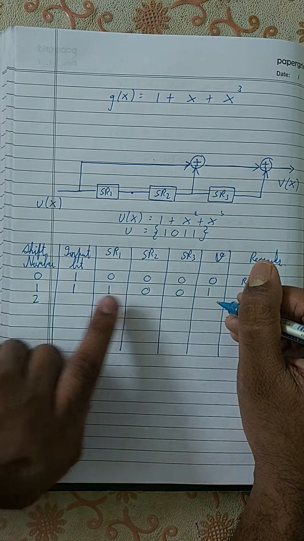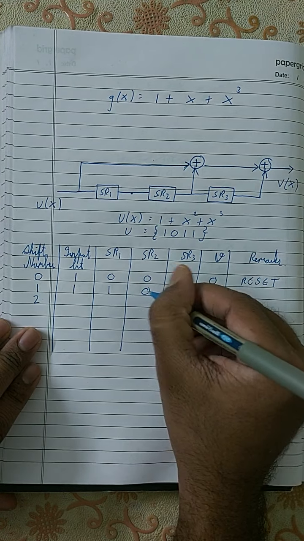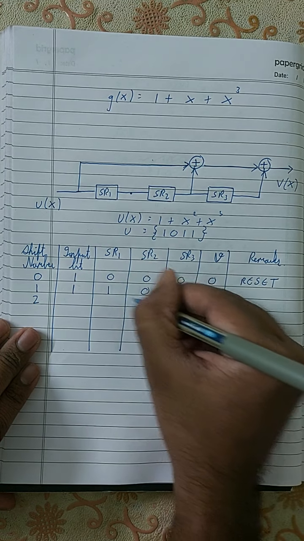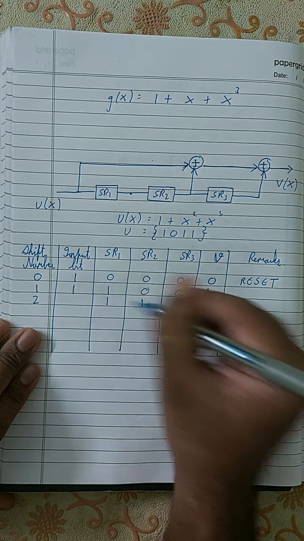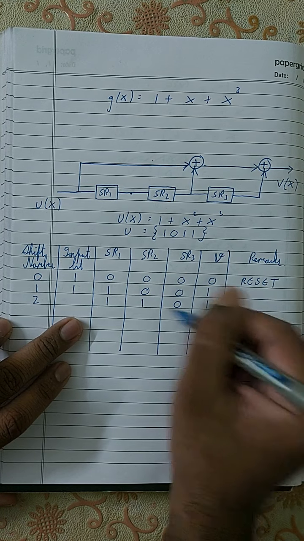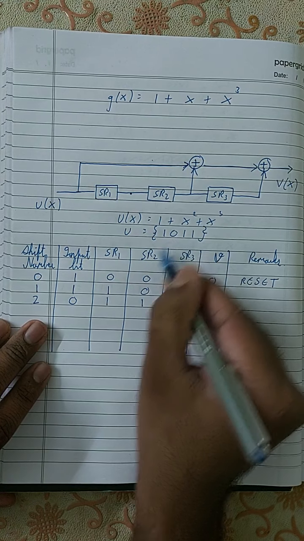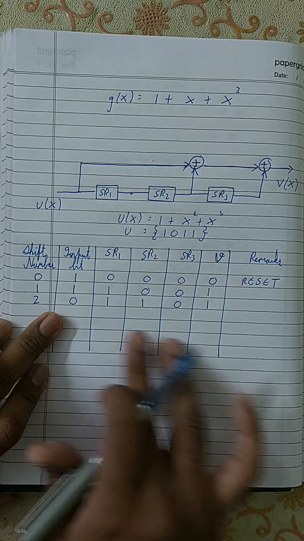So 0 plus 1 is also 1. This 0 will be shifted here, this 1 will be shifted here, this 1 will be shifted here, and the 0 will be shifted here, because the third bit you're going to transmit is 0. Okay, so this is how the working is.